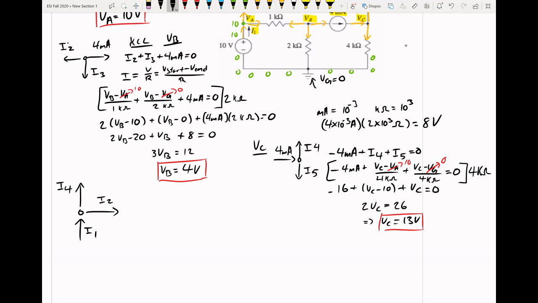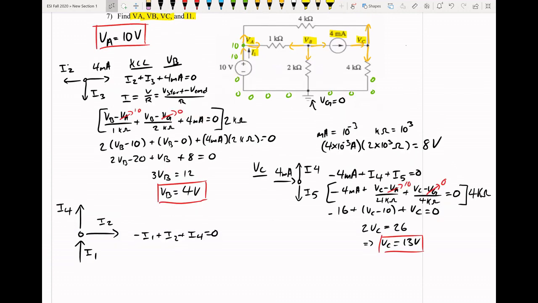Okay, so then minus I1 plus I2 plus I4 is equal to 0. Now I start dropping things in, so minus I1. So I2 is going to be V of A minus V of B over 1 kiloohm. And then I4 is going to be V of A minus V of C over 4 kiloohms is equal to 0.